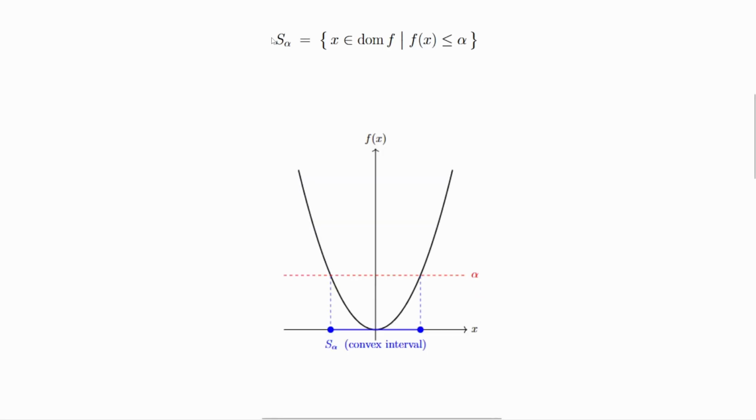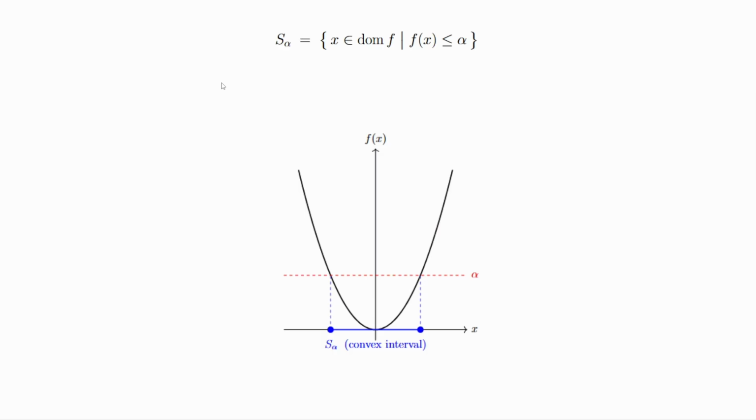S of alpha is the set of x in the domain of f such that f of x is less than or equal to alpha. For example, if we pick alpha to be this level here, then S of alpha in this case would be this line segment, or this region of possible inputs x. This set is called the alpha sublevel set of f.